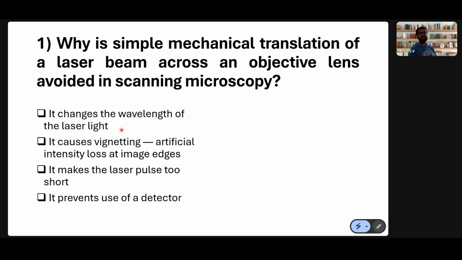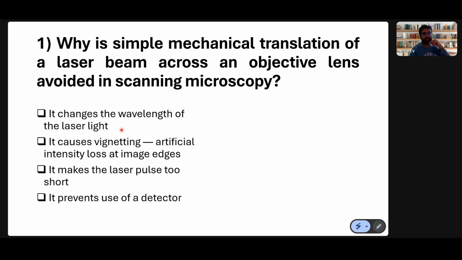So question number one: why is a simple mechanical translation of a laser beam across an objective lens avoided in scanning microscopy? In scanning microscopy, if we use an objective lens, the light beam hitting the corner of the lens will undergo significant intensity loss compared to the center.